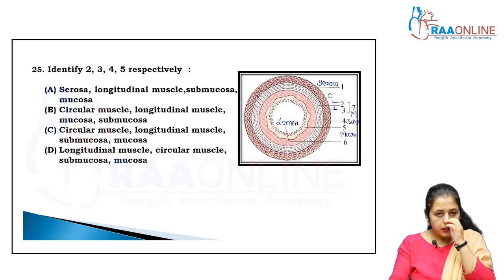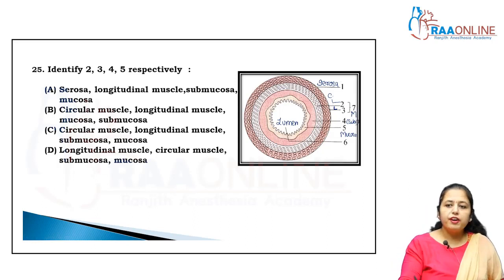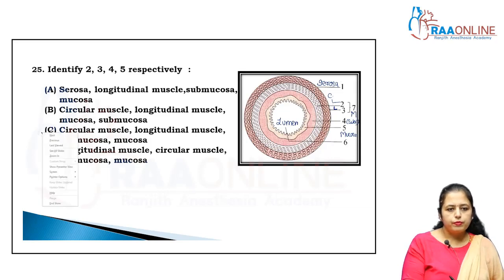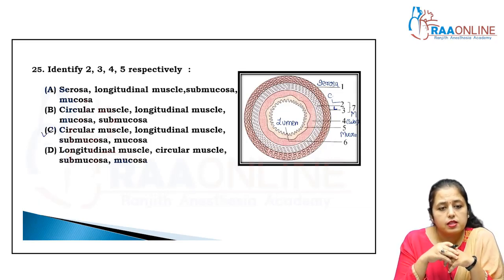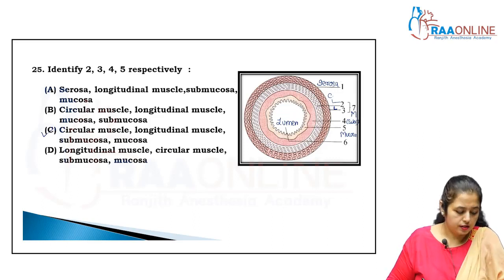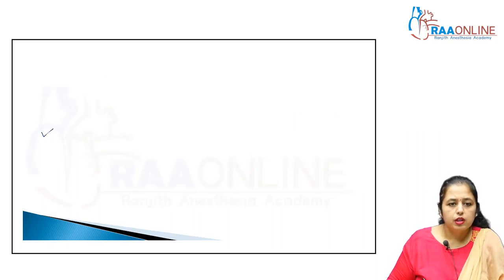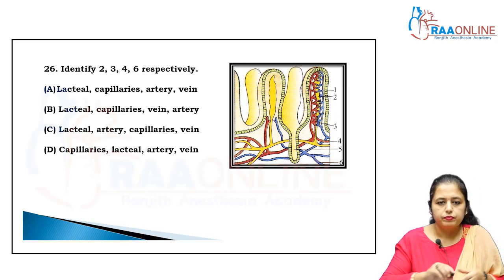Clear? So now 2, 3, 4, 5 respectively: circular, longitudinal, submucosa and mucosa. Clear? So according to that sequence the answer is C, right? Now come to the next question.